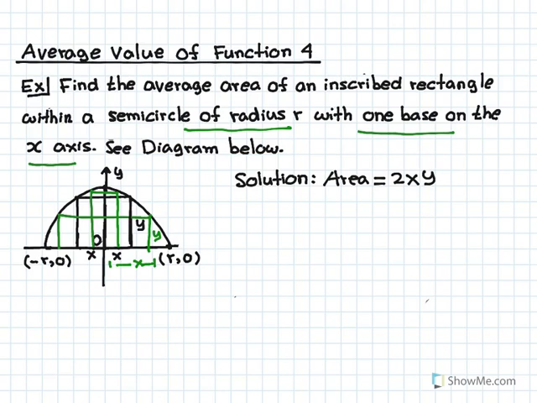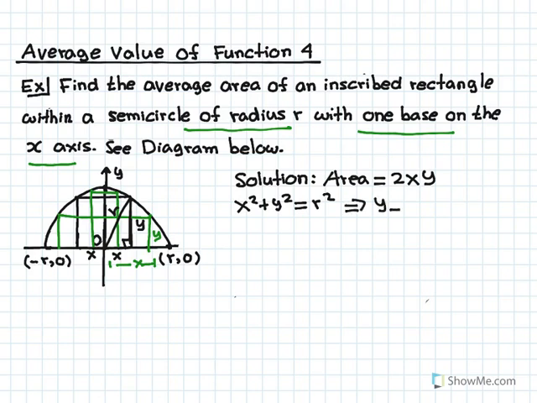So let's start now by relating x and y. We know that the equation of a circle is x squared plus y squared is equal to r squared. Now, if you want to convince yourself, we can just apply Pythagoras. This is radius r. This is a right triangle, so we get x squared plus y squared equals r squared. That's another way of thinking about that. Let's solve for y.